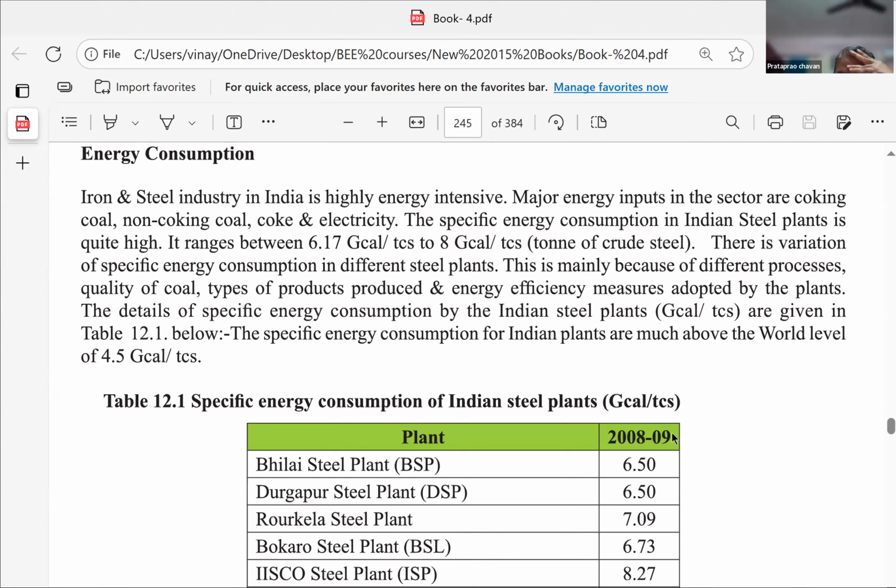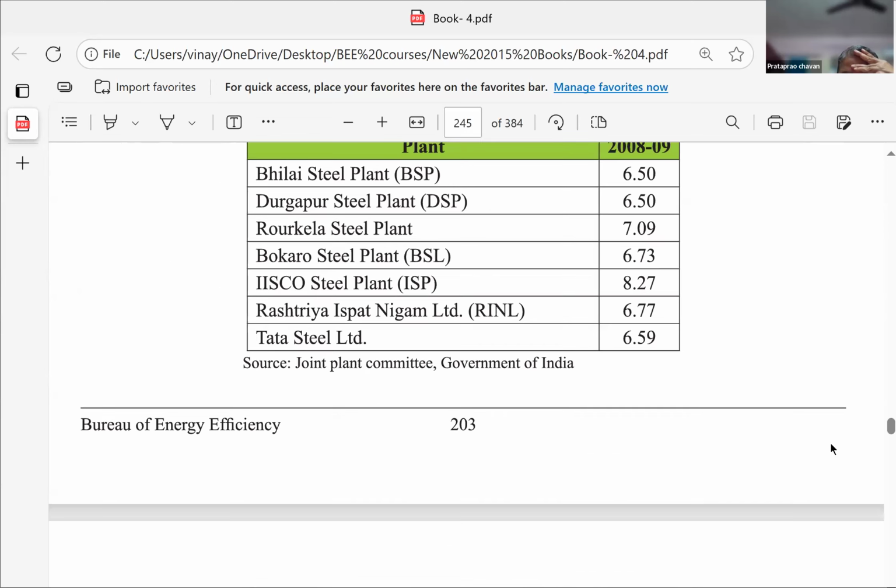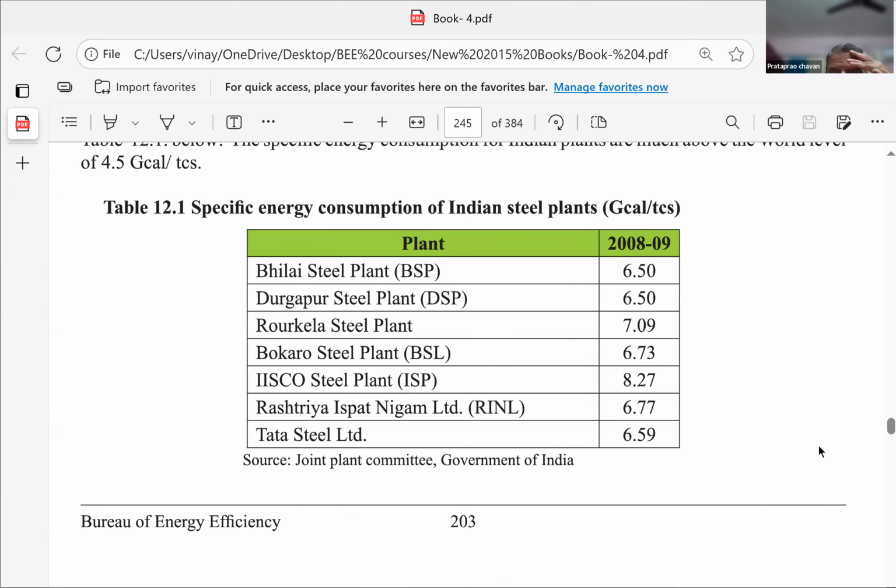See, the unit is the same, gigacalories per ton of crude steel, okay? You will find the range here. Bhilai uses 6.5, Durgapur 6.5, Rourkela 7.09, and so on. Maximum is the ISCO steel plant, ISP. Why?